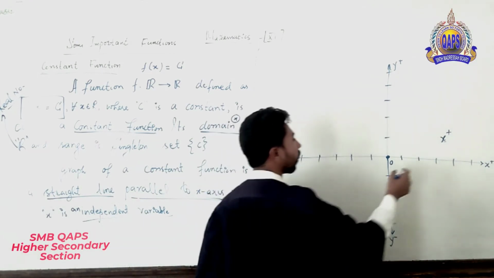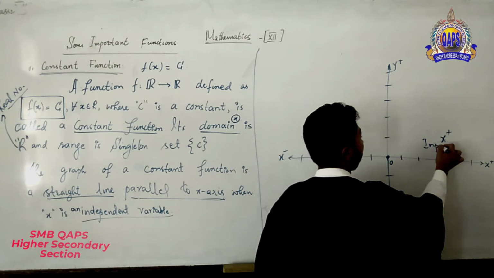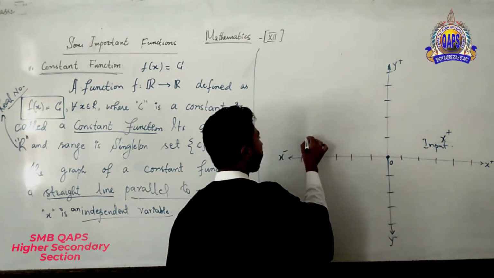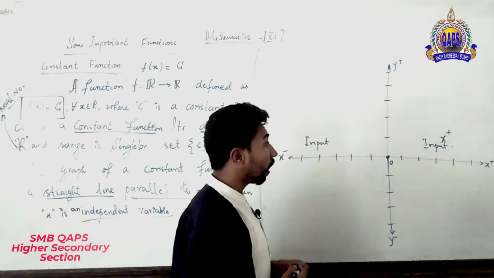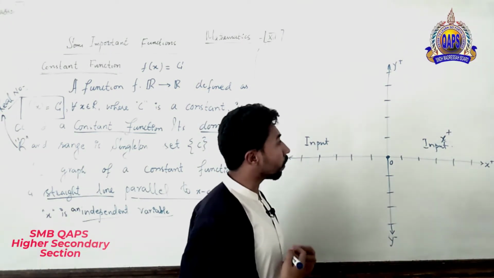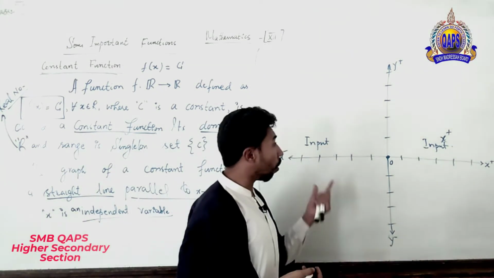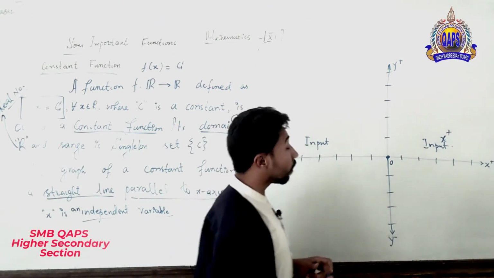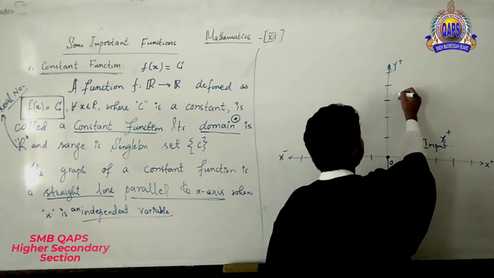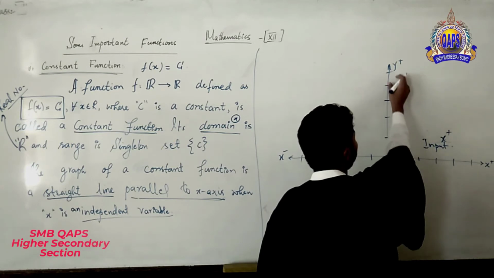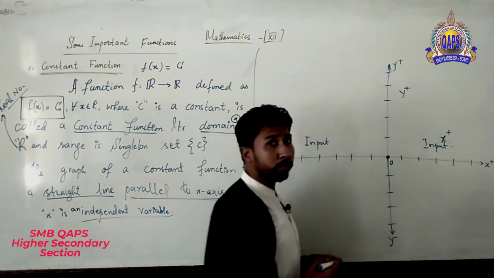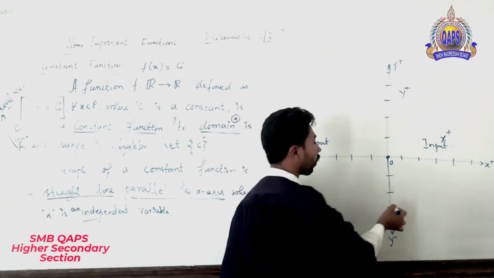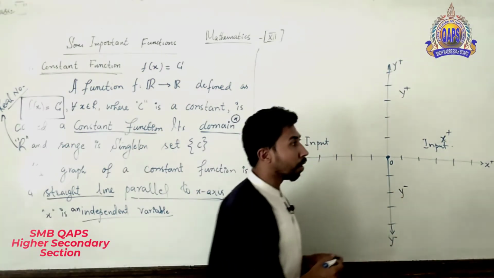So this is the input area, in the sense of negative and positive. Then the outcome, or codomain, or range, is on the y-axis. This is the y-axis, which represents y positive, and this area represents y negative.